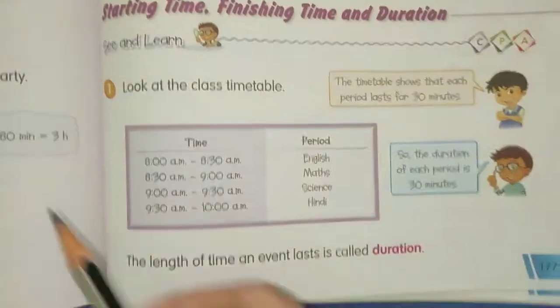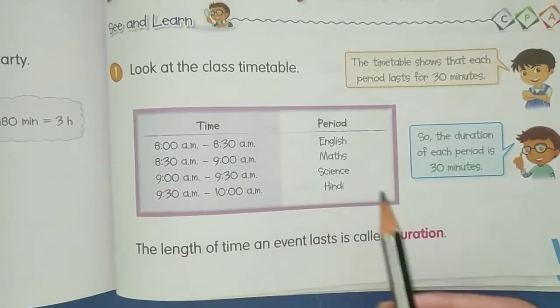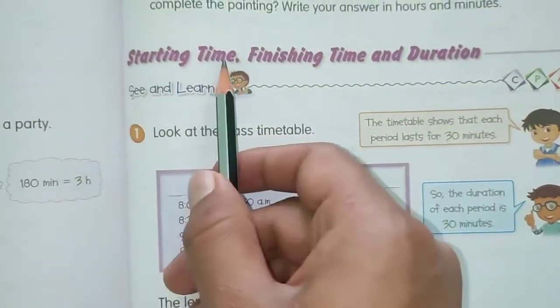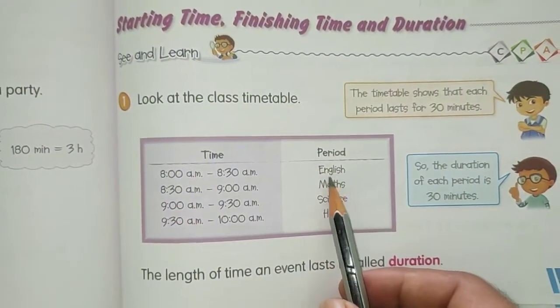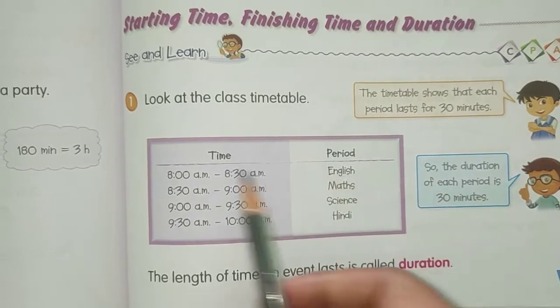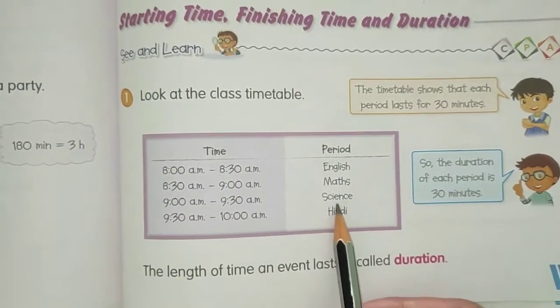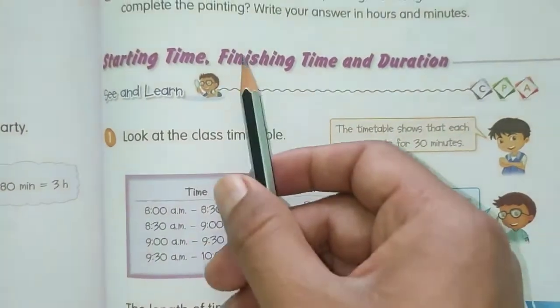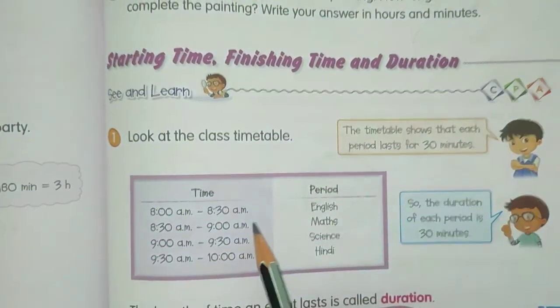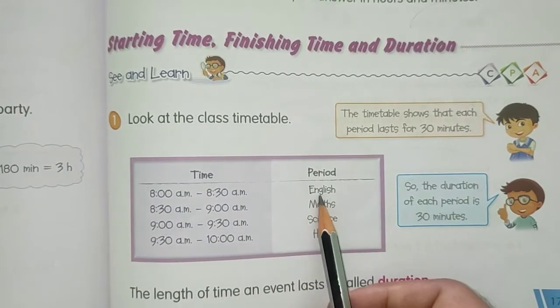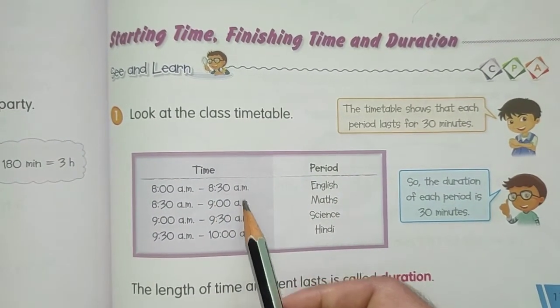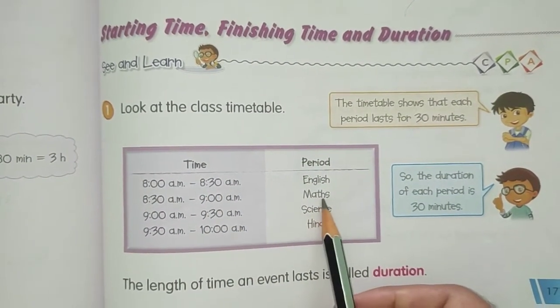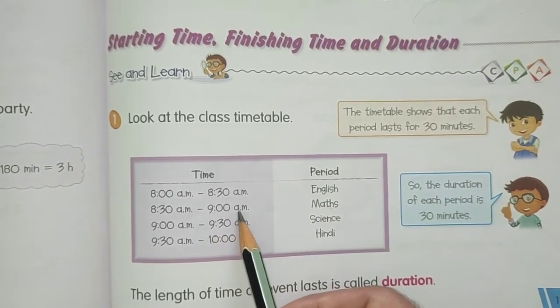Considering each period, first of all, the first concept, starting time. Can you tell me the starting time for the English period? 8 AM. What is the starting time for the science period? 9 AM. Then the finishing time for the English period is 8:30 AM, and the finishing time for the maths period is 9 AM.